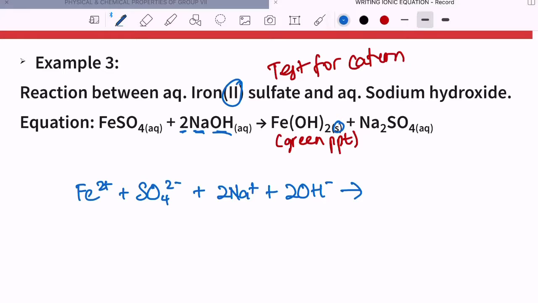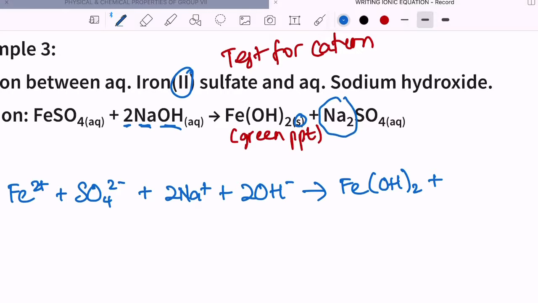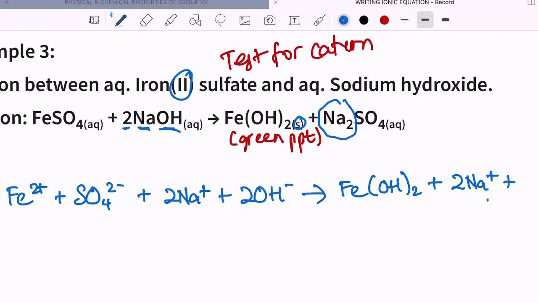Since this Fe(OH)2 is a solid, this one still stays the same, Fe(OH)2. You break this Na2SO4, so there's 2 Na, so I'm going to write 2 Na plus, SO4 2 minus.